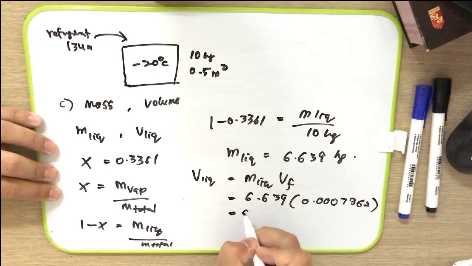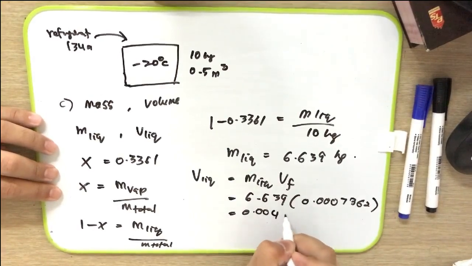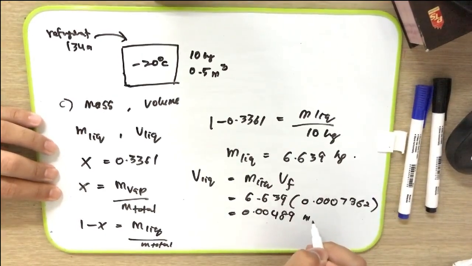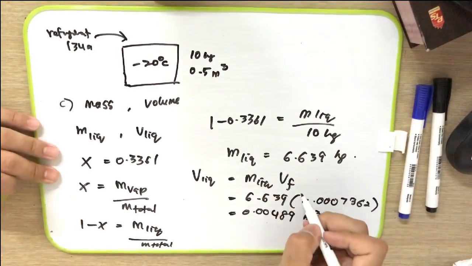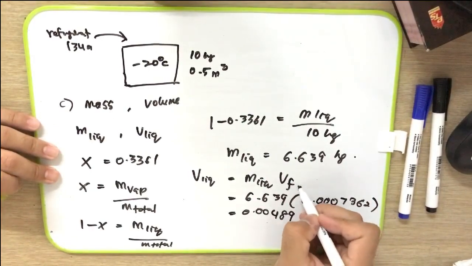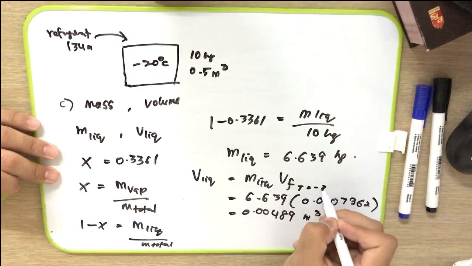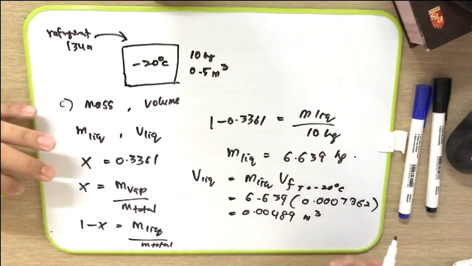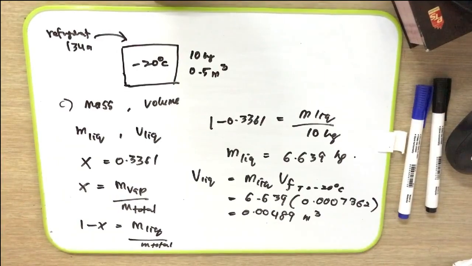So we will get 0.00489 meter cube. This VF we get from table A11 at T negative 20 degrees C. Okay, so that's how we do question number 7.